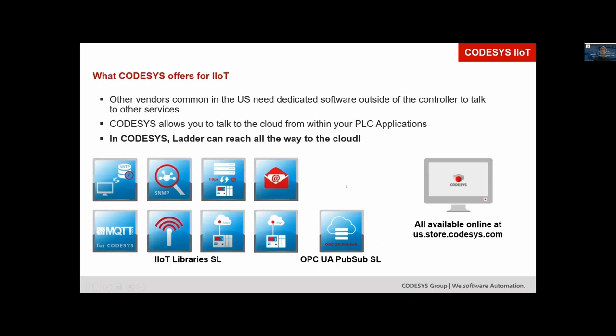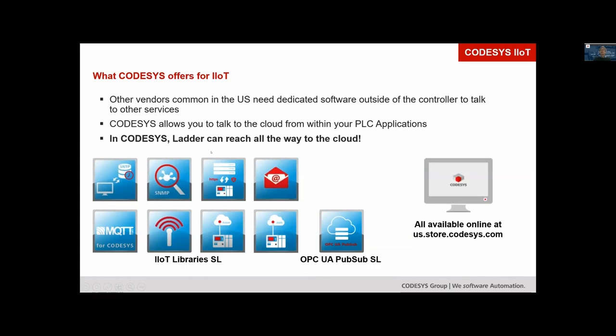On the cloud side, I'd also like to point out that we have a big library of what we call the IIoT libraries package and the OPC UA PubSub library. You can use those on any CODESYS controller. With those function blocks, you can basically make any of your applications talk to a cloud, either via our Azure and AWS IoT connecting libraries.